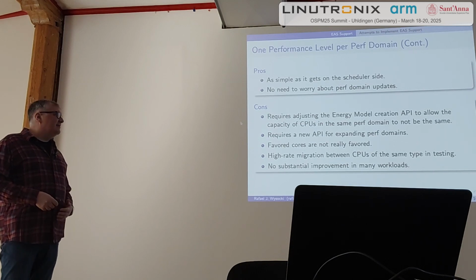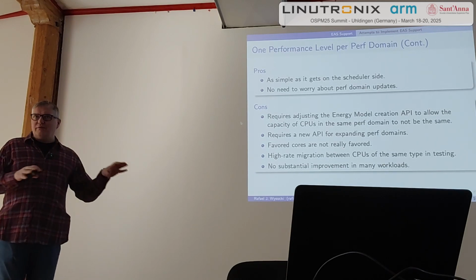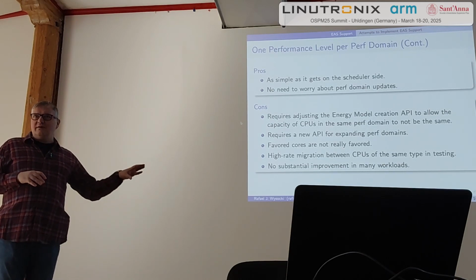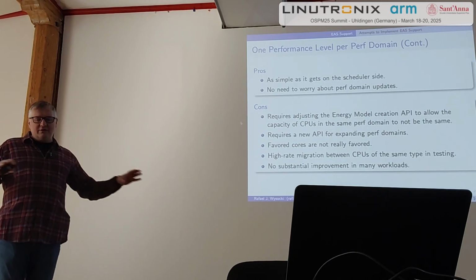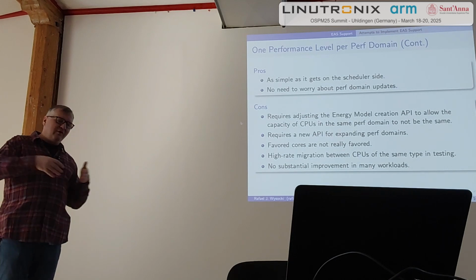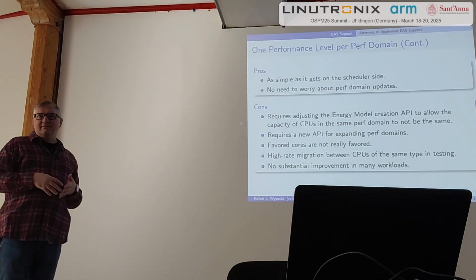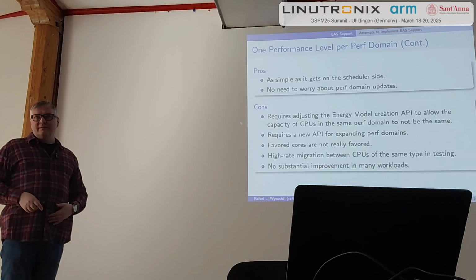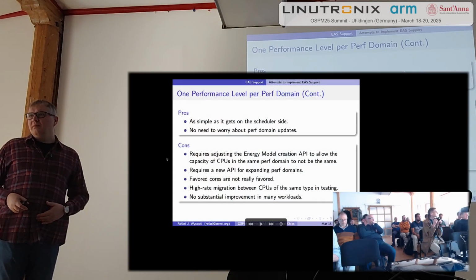But we also haven't seen a lot of improvement in general workloads. So obviously you can create a synthetic workload where it does matter, but in general workloads, like a set of benchmarks, like 400 benchmarks ran on all of this, it doesn't make a lot of difference either way. Are you measuring only performance or also energy?